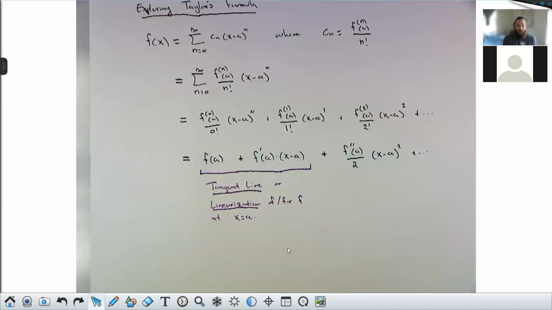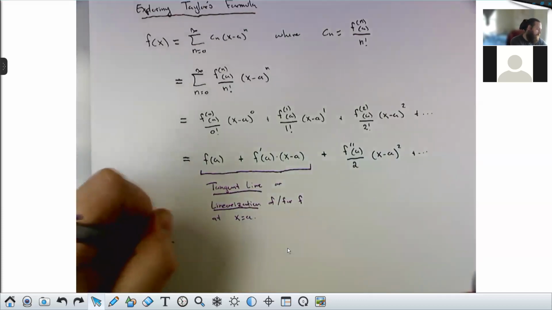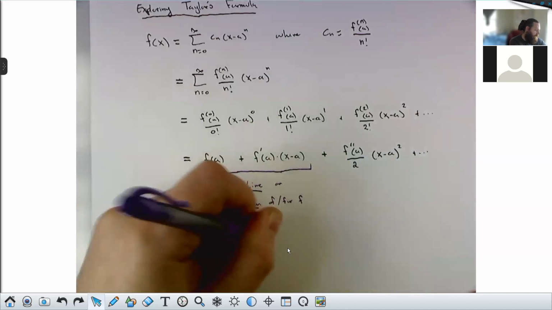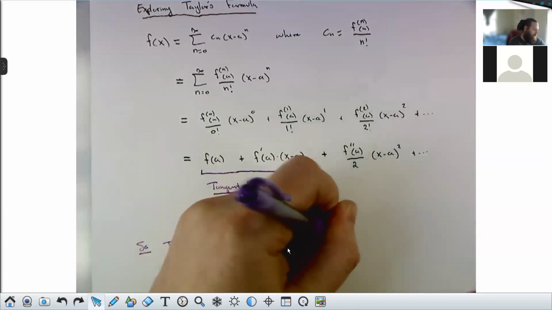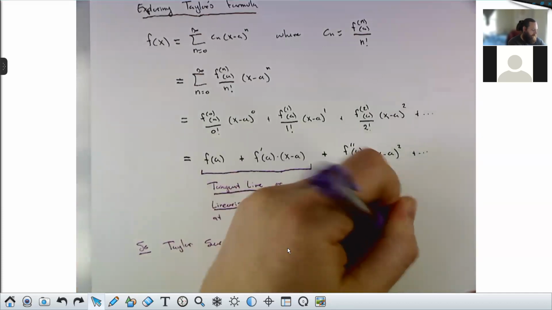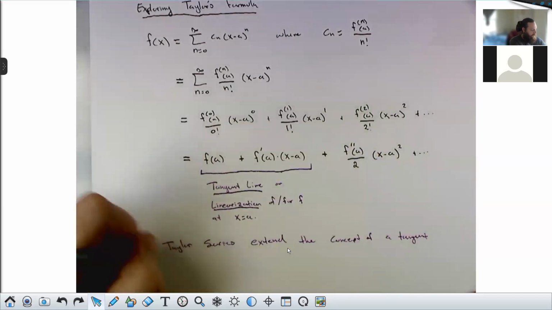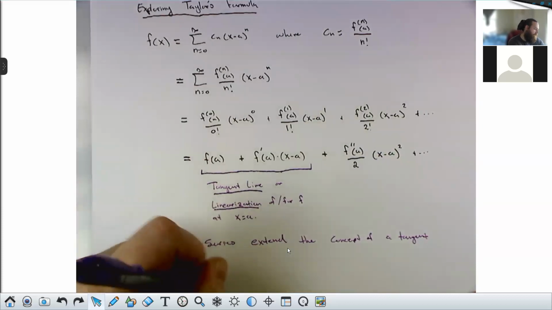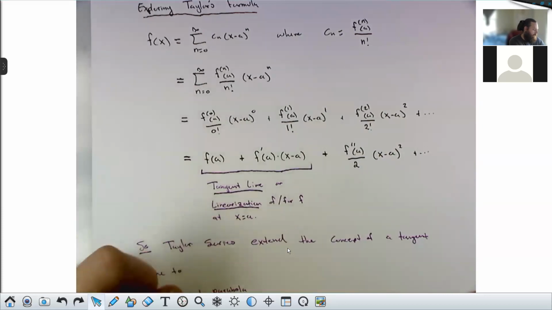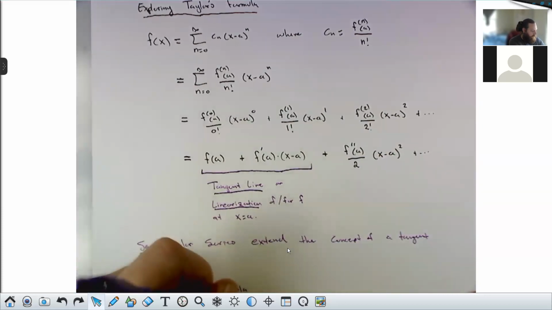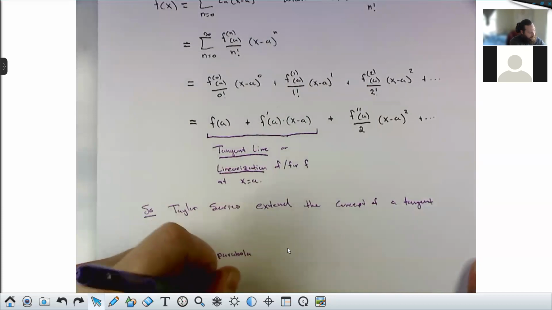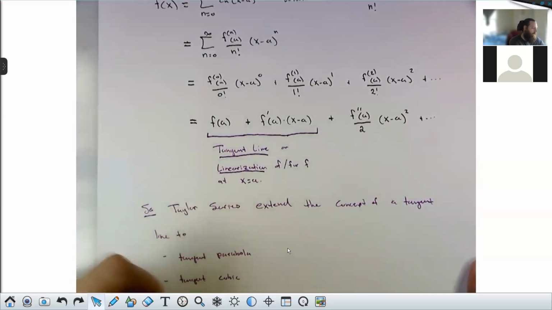In other words, what Taylor series do, what power series in general do, they extend the concept of a tangent line to tangent parabolas, tangent cubics, tangent quartics, and so on.